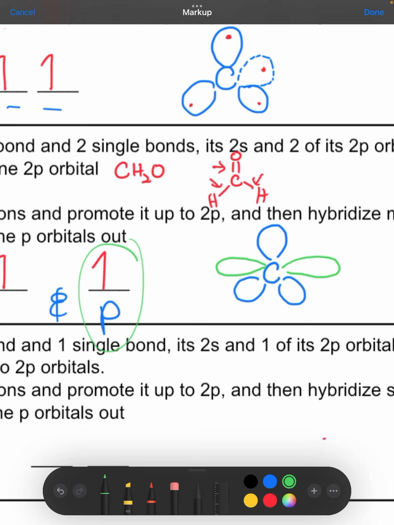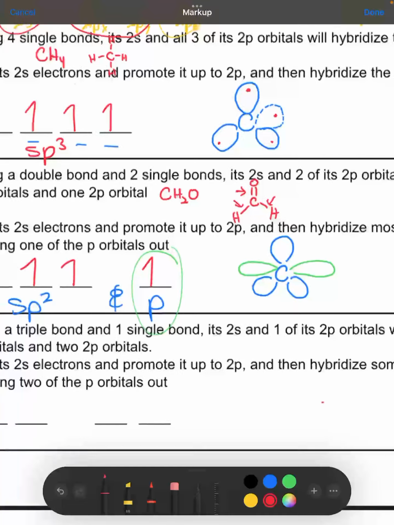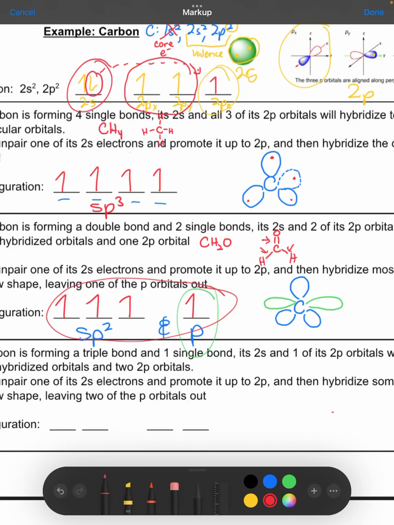All right, so that's our unhybridized p, that one in green. So when I distribute my electrons, I have to follow my orbital diagram again. I see that there are 3 electrons in my sp2 hybridized ones, so that's going to be 1 each. 1, 2, 3. And then I have this electron that's chilling in the unhybridized p orbital space. So I'm going to put 1 in that space.